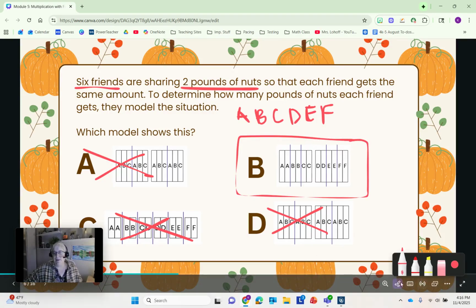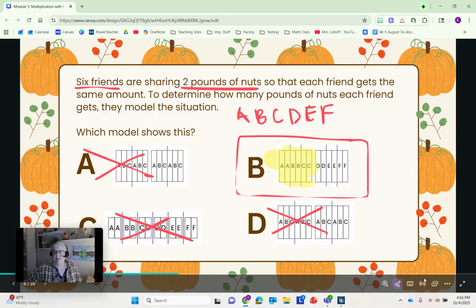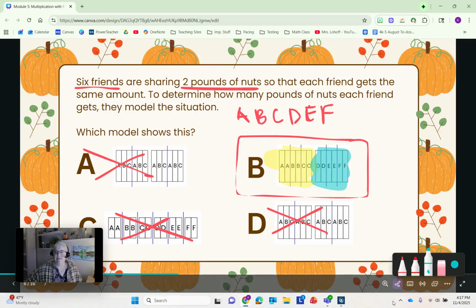Let me color the 2 pounds so you can see the 2 pounds. I'm going to color this pound as yellow. And the second pound is, let's make it this blue. Here's the second pound. Okay, so there's 2 pounds. Each pound is divided into 6 parts because there are 6 friends.